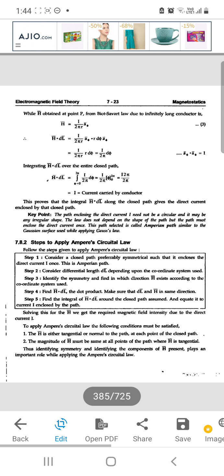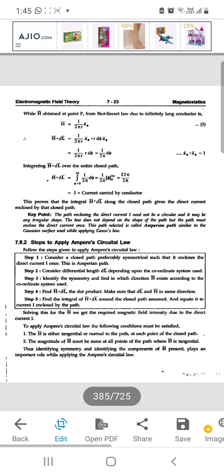You know H for an infinitely long straight line conductor is I by 2 pi r a phi and dl is r d phi a phi. When you take the dot product, a phi dot a phi is 1, and the remaining portion is I by 2 pi d phi. Now integrating H dot dl over the entire path, that is over phi from 0 to 2 pi, the only thing that remains within the integral is d phi.